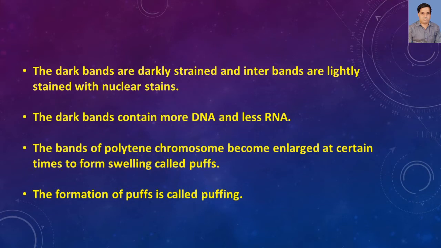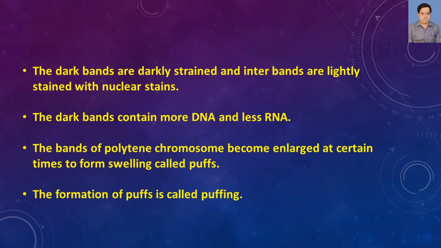As I told you, the polytene chromosome contains dark bands and light bands, and these form an important part of the polytene chromosome structure. The dark bands are darkly stained, as the name suggests, and the interbands are lightly stained with nuclear stains. The dark bands generally contain more DNA and less RNA, almost 85% DNA.